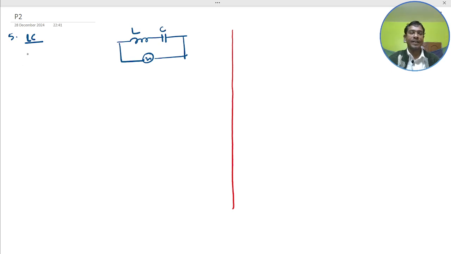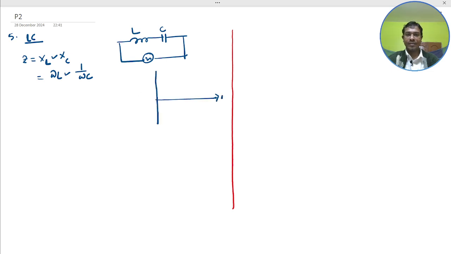So here the impedance Z is XL minus XC, basically omega L minus 1 by omega C. So here in the LC case, this is the I and this is VL and this is VC.